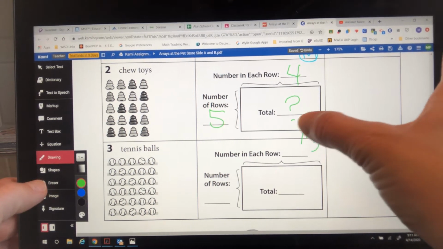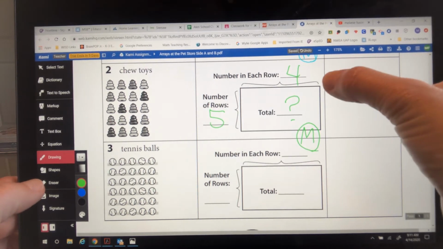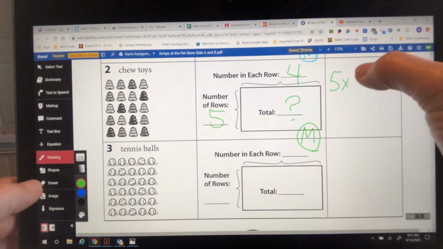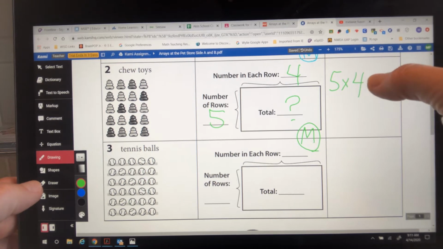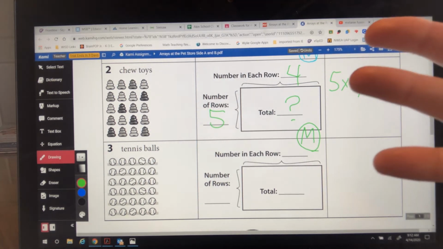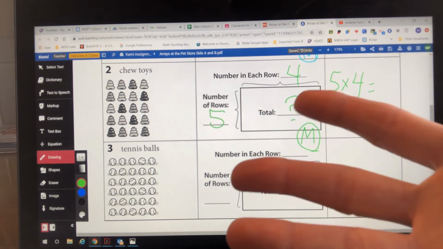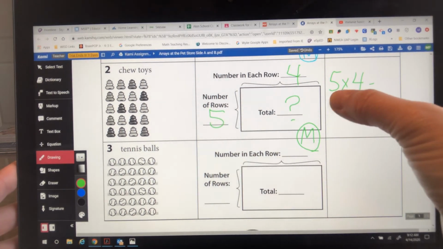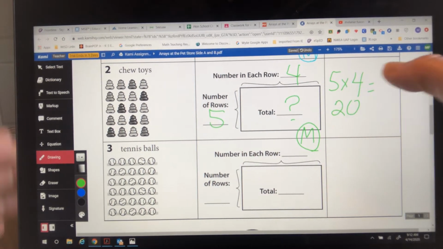I'm looking for the total, which means I'm going to multiply. So 5 rows of 4, or 5 groups of 4, which means I'm counting by 4 5 times, right? 4, 8, 12, 16, in the blue, with 20. So my answer is 20. 20 what?